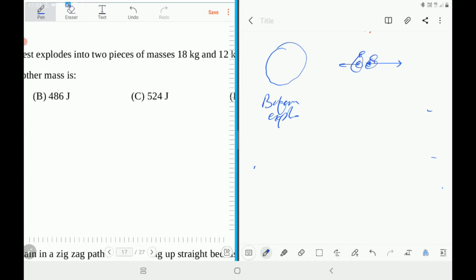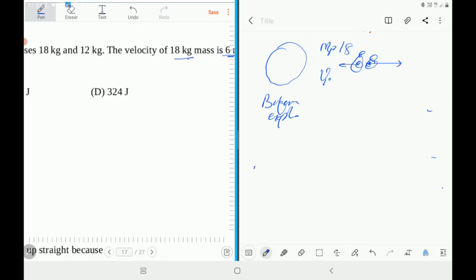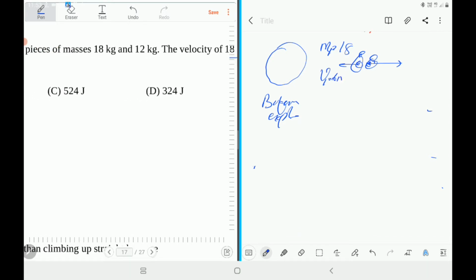This is say mass 18, m1 moving with velocity v1, 6 meter per second. Then the second mass m2, that is 12 kg, moves with velocity v2. We don't know it. Sorry, this is after collision.